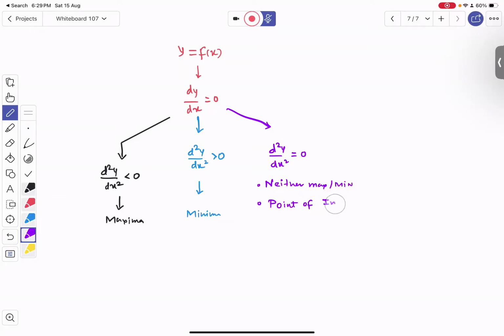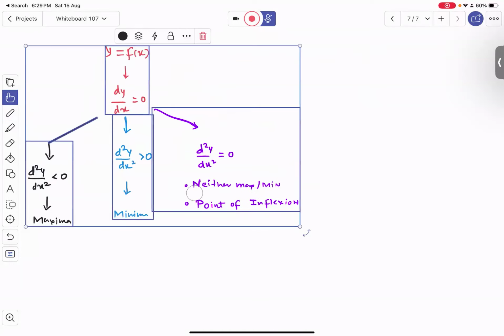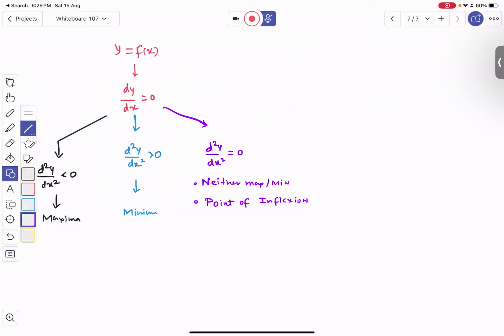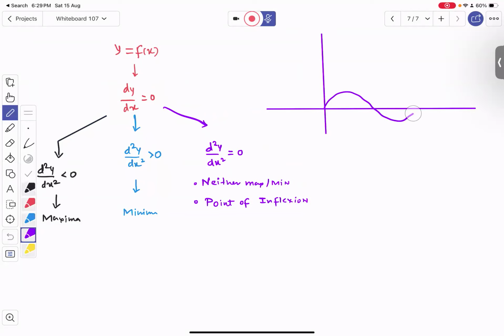What is the meaning of point of inflection? I will tell you through an example of the simple curve of sin x. So this is the graph of y equals sin x. Check out the points where x equals pi, or 2 pi, or 3 pi.